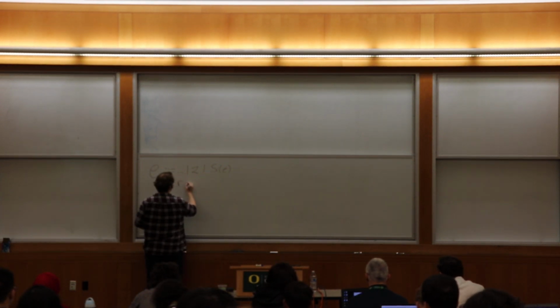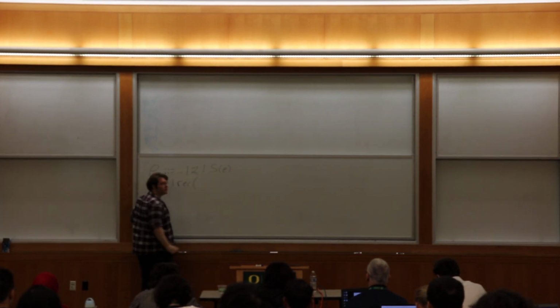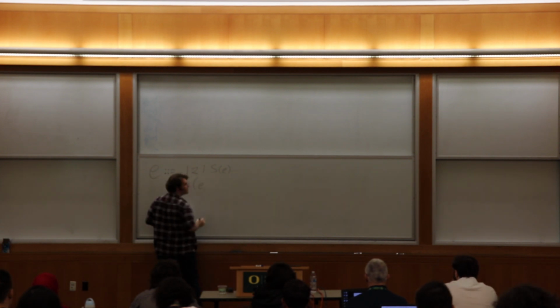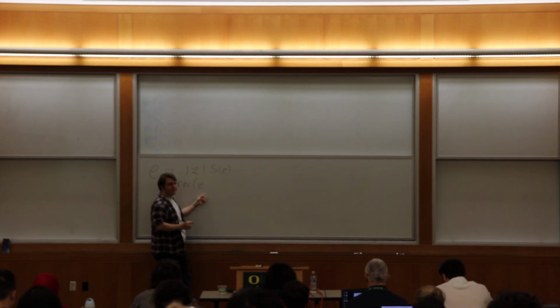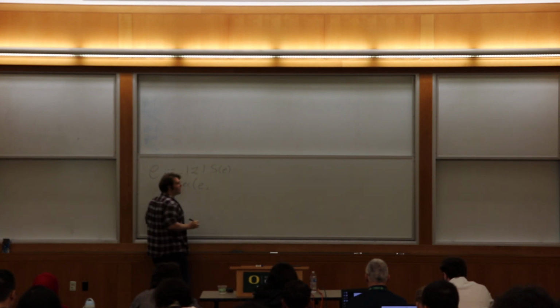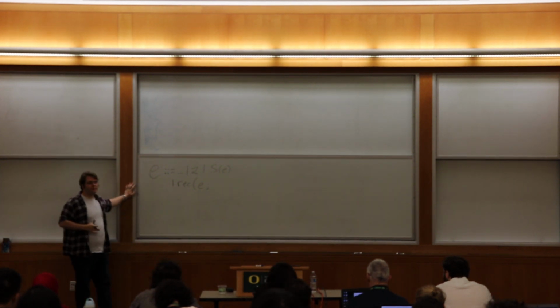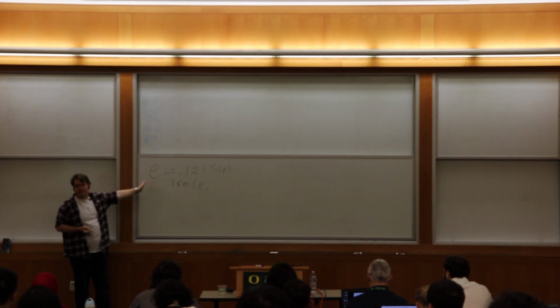So the abstract syntax for that would look like this: rec of some number e. That's the thing I'm going to loop on. The idea of the recursor is it's just like primitive induction on numbers. And here it's primitive recursion because it's about programming rather than proving, but really it's the same thing.